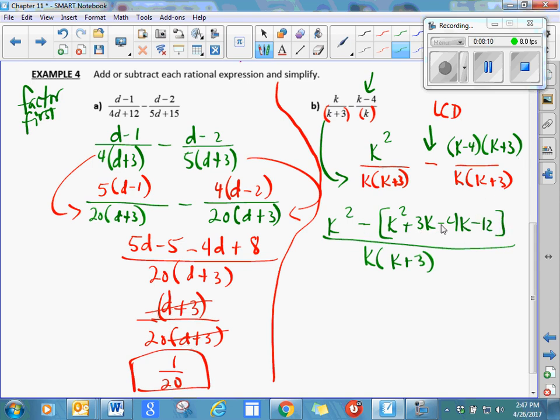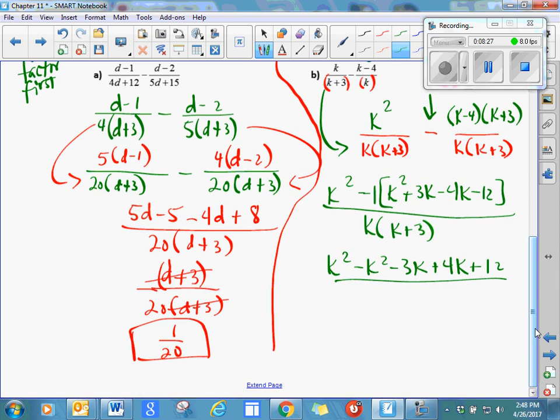And now every single one of these signs is going to change when I distribute this negative 1. So I have k squared minus k squared minus 3k plus 4k plus 12, all over, still over the common denominator.